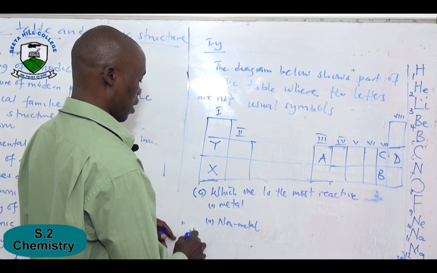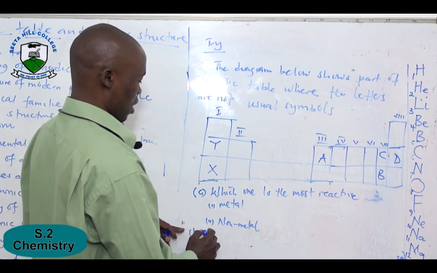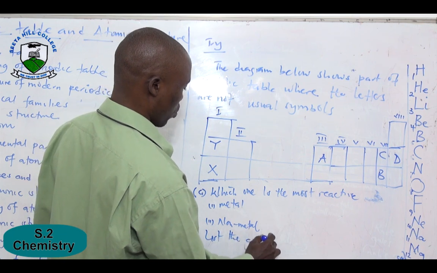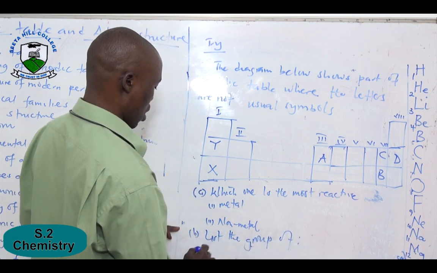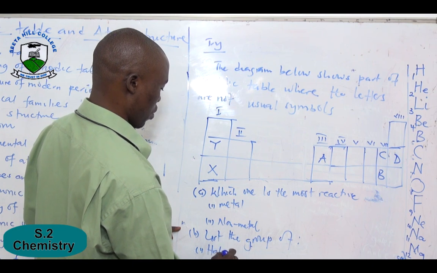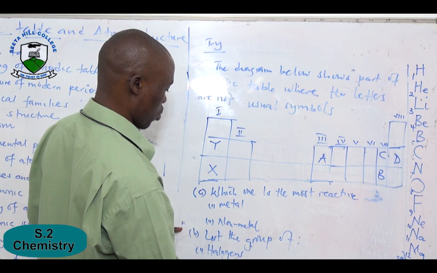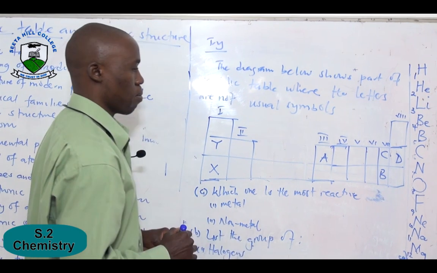Part B lists the group of halogens and noble gases.